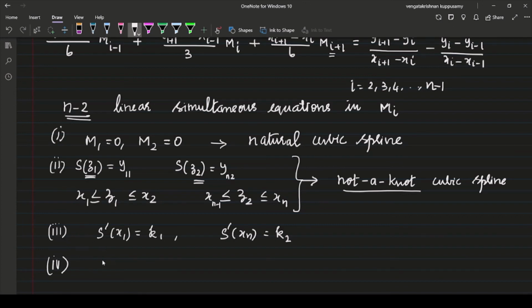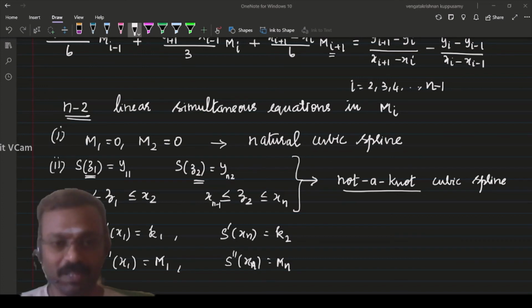Or the fourth type of cubic spline: if we know s''(x_1), that is our m_1, and s''(x_n), that is our m_n, again we get another set of cubic spline equations. So in this session we have elaborately discussed how to arrive at a piecewise cubic polynomial, that is cubic spline interpolation, and the variations in cubic spline interpolation.